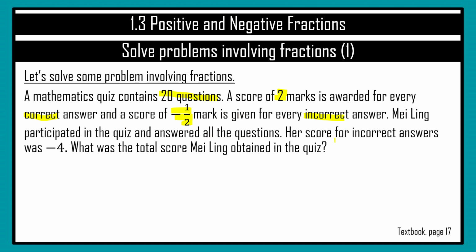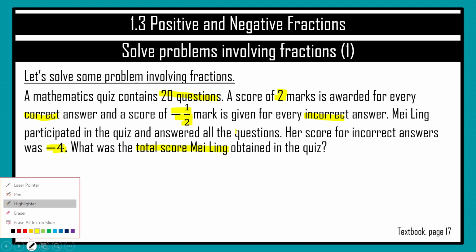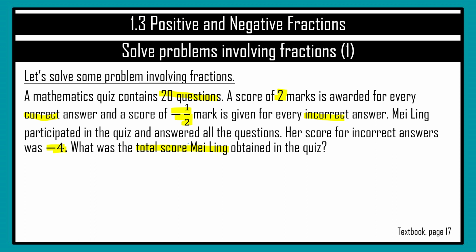Now, the next information given was her score for the incorrect answer is negative 4. So now we want to see what is the total score. Right, so I have highlighted all the information. Now let's look at how to solve this question.